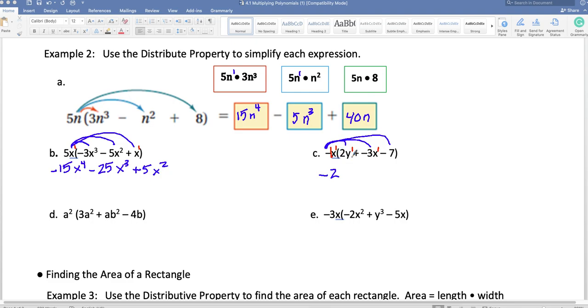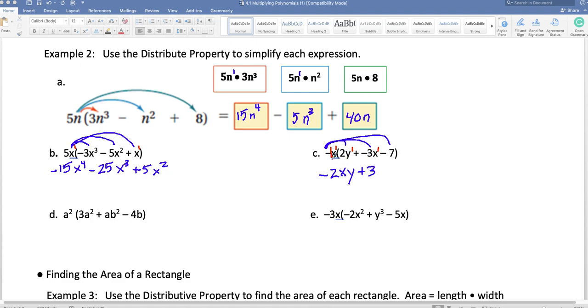Okay, the x and the y, they're not going to combine anyway at all, but they are both along for the ride. So it becomes x times y. I've got a negative times a negative, even though that's a plus sign. So that's going to give me a positive 3. A negative 1 times a negative 3.